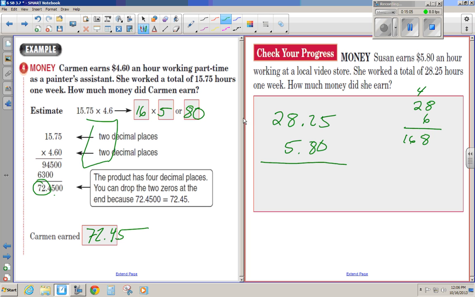Now let's actually try the multiplying. 0 times 5, 0 times 2, 0, 0 times 8, 0 times 2, all of those end up being 0. Put a placeholder. 5 times 8 is 40. 8 times 2 is 16, plus 4 is 20. Eight times 8 is 64, plus 2 is 66.